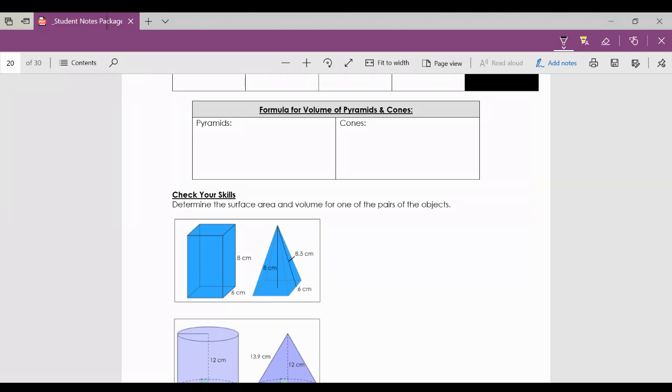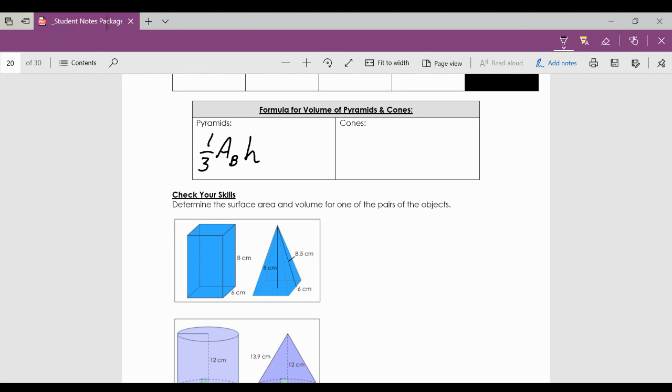In other words, the volume of a pyramid is 1/3 the area of the base times the height. So we'll find the area of the base of the pyramid and then multiply by the height and then divide by 3.